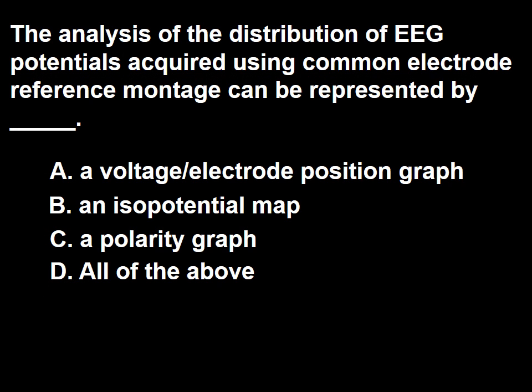Next question. The analysis of the distribution of EEG potentials acquired using common electrode reference montage can be represented by A. Voltage electrode position graph, B. An isopotential map, C. A polarity graph, D. All of the above.